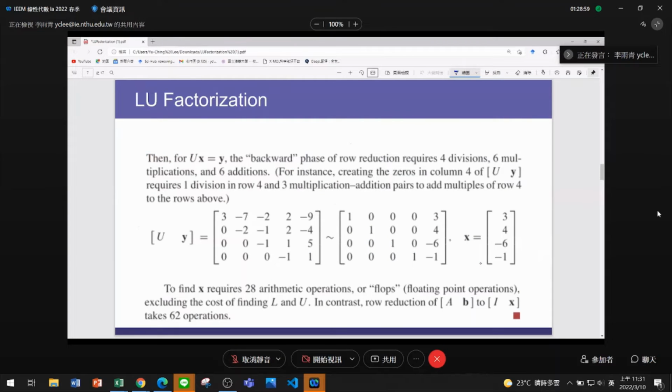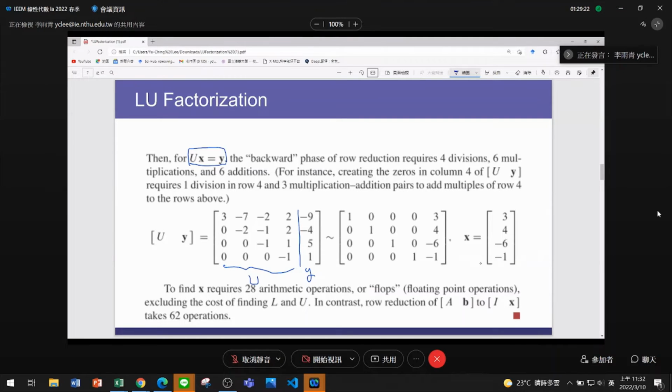Then we again put y right next to the matrix U and form the augmented matrix. This time we solve Ux equals y.